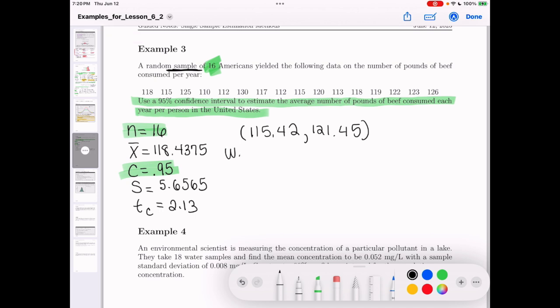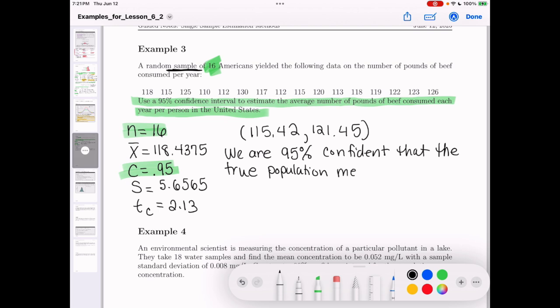And we would say we are 95% confident that the true population mean lies between 115.42 pounds and 121.45 pounds of beef.